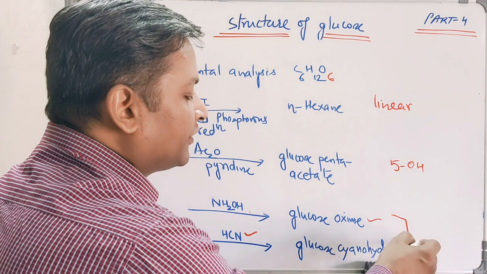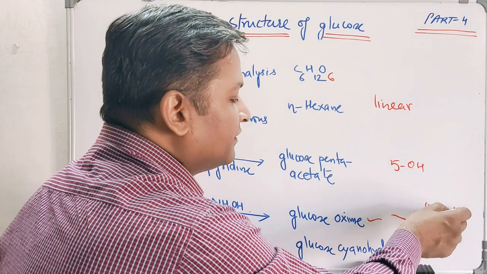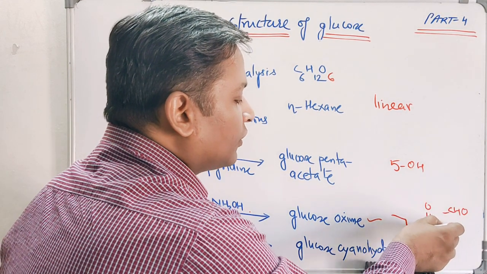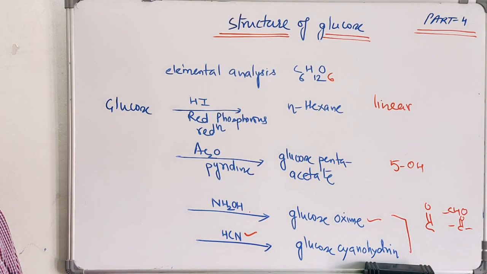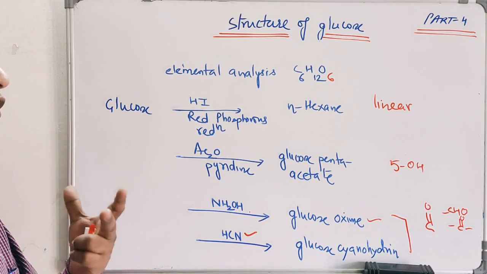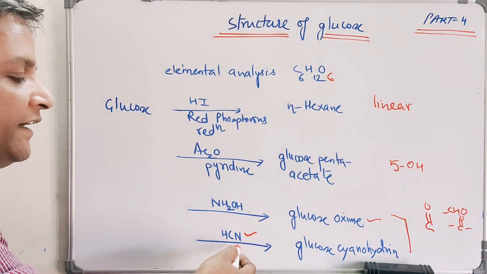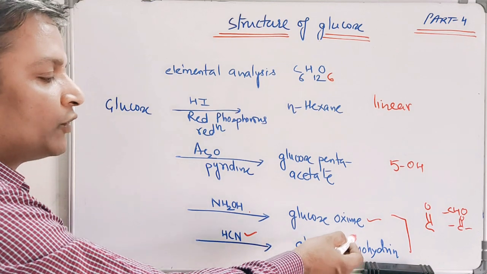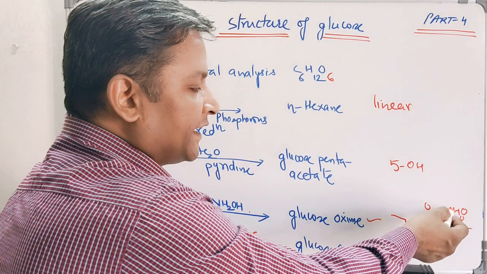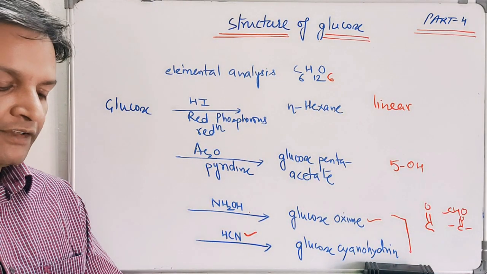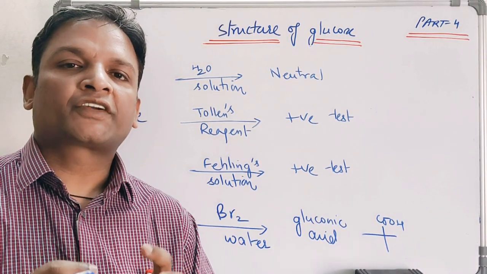These two reactions indicate that glucose must contain a carbonyl group, which can be aldehydic or ketonic in nature, because only aldehydes and ketones react with hydroxylamine to give oximes and with hydrogen cyanide to give cyanohydrins. So these are the different pieces of information we obtain from different reactions in the structural elucidation of glucose.